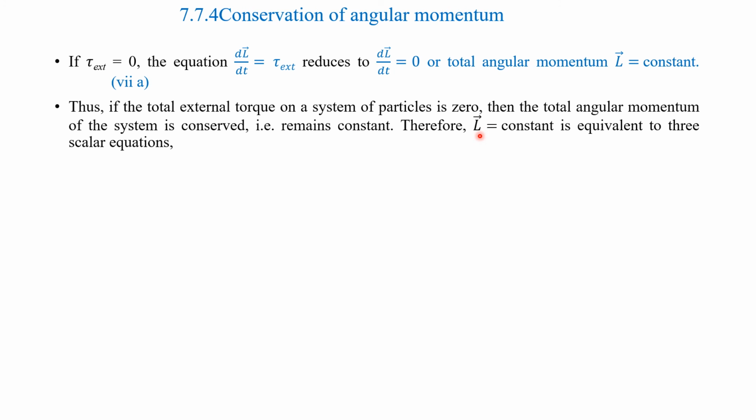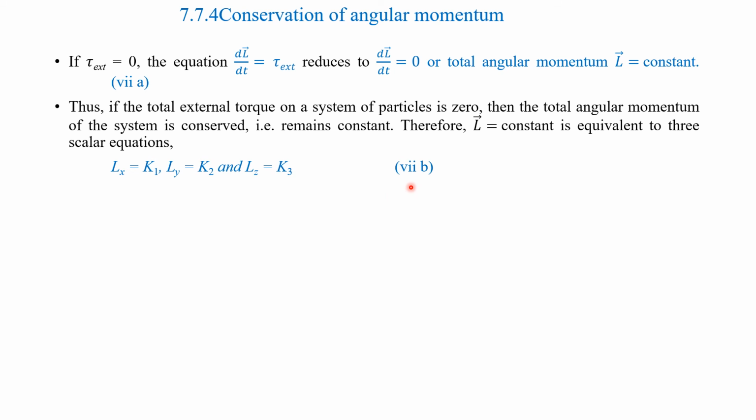So we can express vector L by its components: Lx, the component in x direction, is equal to a constant k1, Ly along y axis is equal to k2, where k2 is a constant, and the component of angular momentum along z axis, Lz, is equal to k3.